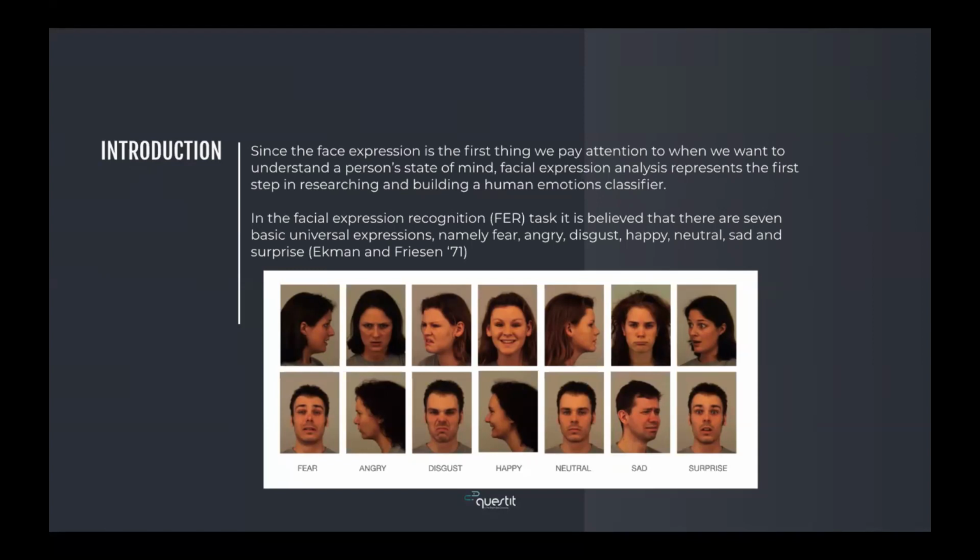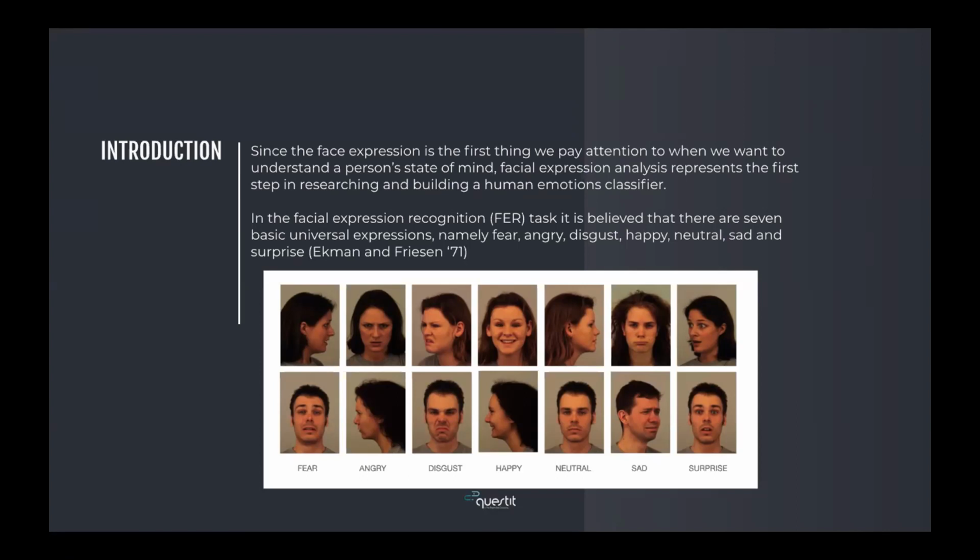The task that we analyze is how it is possible to understand in an automatic way the emotion felt by a person. Analyzing the face is a first approximation, because a person manifests emotions also through the body, the words used during a speech, and also the voice. But usually we look first to the face, to the details of the face.